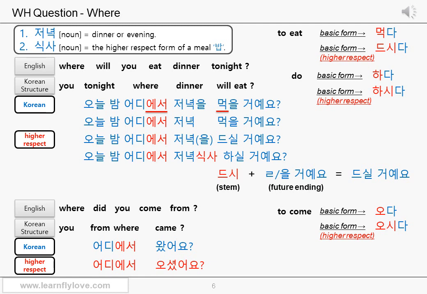Then how do we translate the preposition from based on what you learned in lesson 4? 에게서, 한테서, 로부터 are the candidates. But you cannot use 에게서 or 한테서 because those are used only for living things. Then only 로부터 is left. Yes, you can use 로부터. I'm serious.